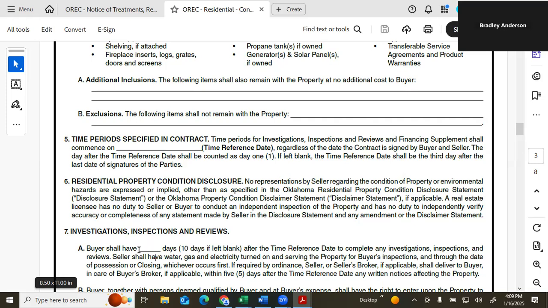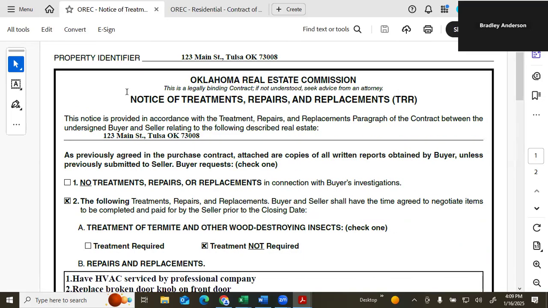And so the result of that might be, hey, I found some things on the inspection report that I'd like the seller to address. And at that point, you would do a TRR form, or Notice of Treatment, Repairs, and Replacements. So it pretty much says, as previously agreed in the purchase contract, which is this one, attached are copies of all written reports obtained by the buyer.